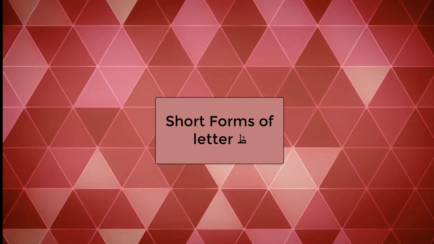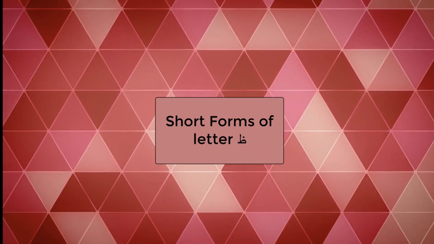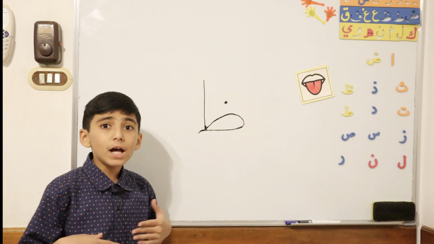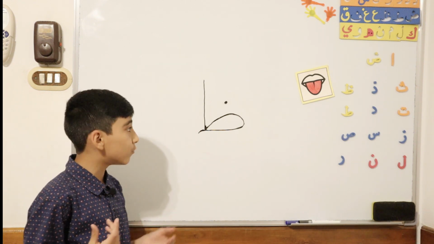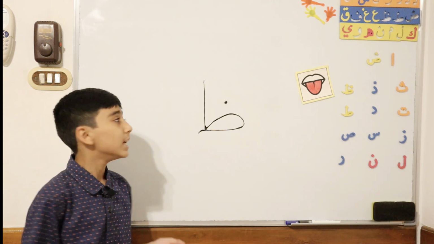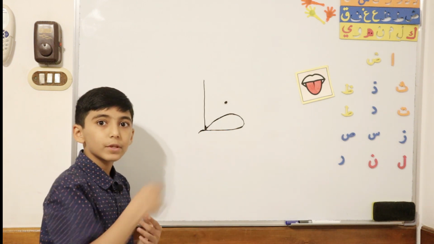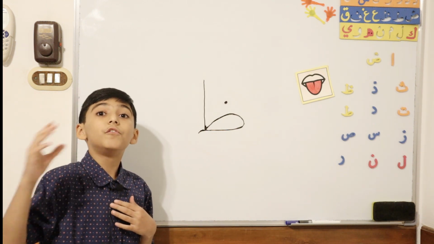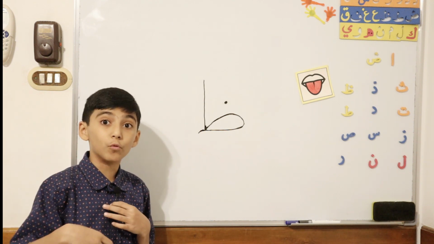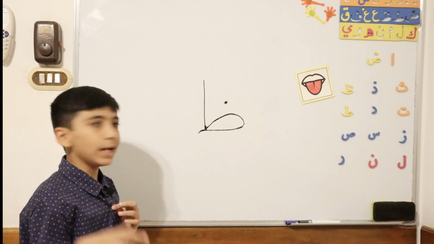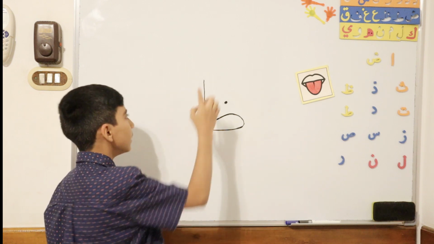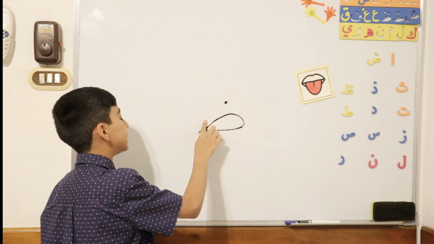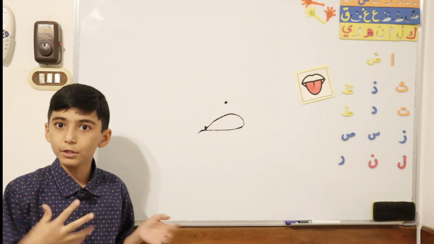Let's learn the short forms of letter Fa. But letter Fa's short form is actually its full form, because usually a letter's face is its short form. So let us erase the stick and only leave the balloon.